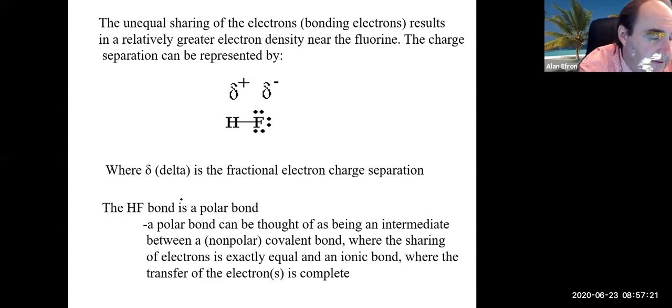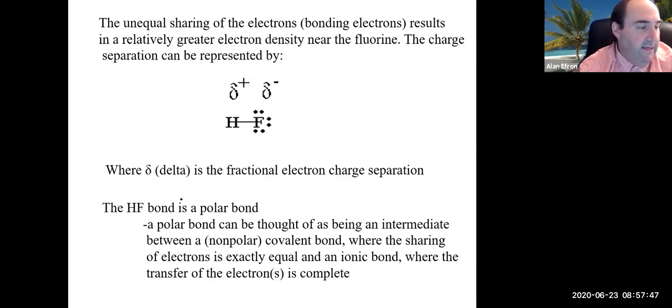Although the electrons are not being shared equally, there is some aspect of sharing going on. Because there's some sharing, those electrons have not been fully transferred from one side to the next. Because they are sharing, they are only partially positive on one side and partially negative on the other side.